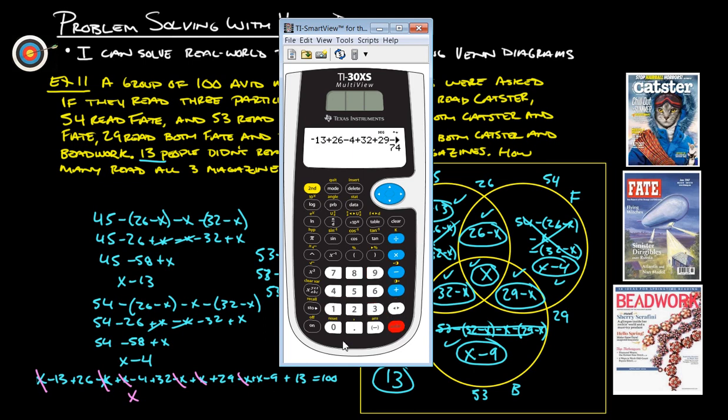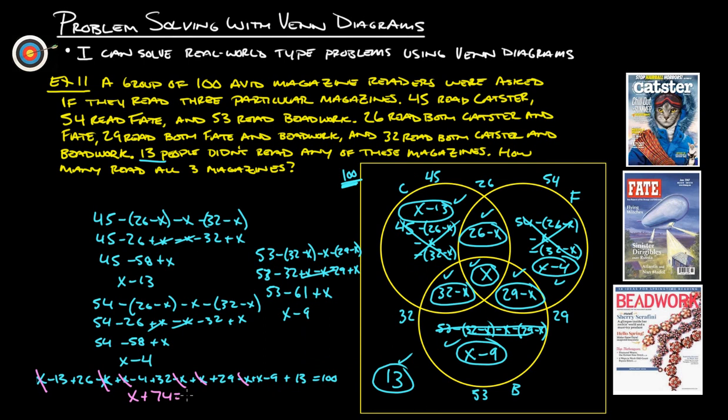And that gives us 74. So now that would be x plus 74 equals 100. So we subtract 74 from both sides. That's 26. And we should get that x is 26.